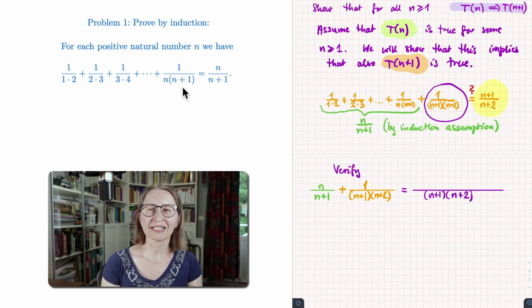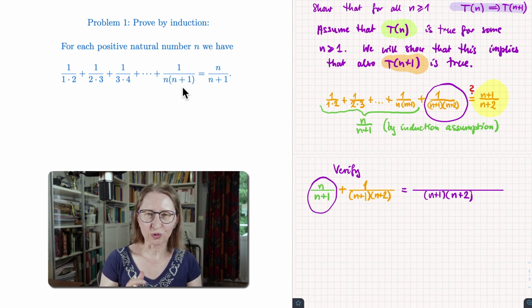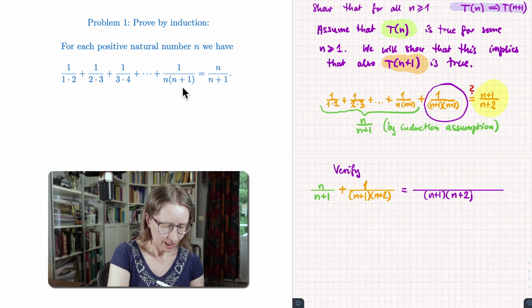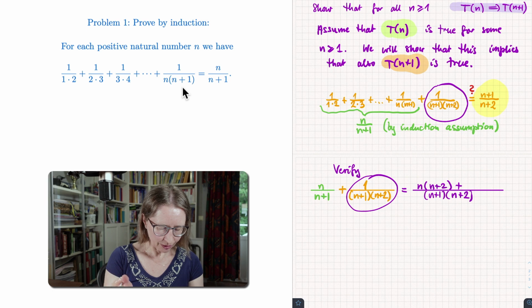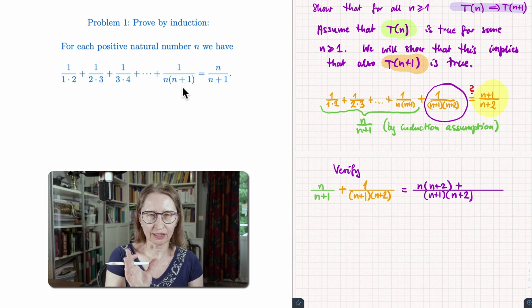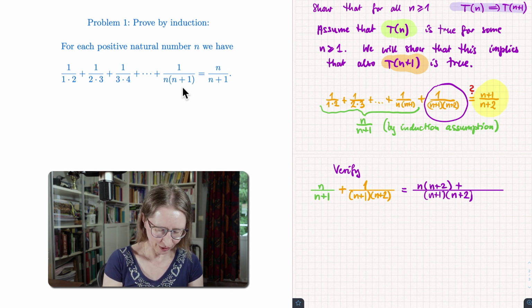So first, what has happened with this first fraction here? When we produced this new denominator, we multiplied the denominator by n plus 2. This means that we also have to multiply the numerator by n plus 2, right? And then the second one was unchanged because this new denominator was already its old denominator, so it will be just plus 1.